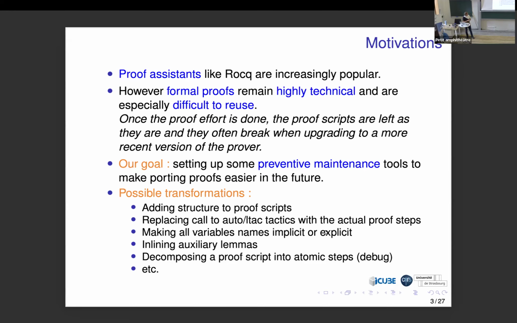Another one is replacing calls to auto or Ltac tactics with the actual proofs they produce, and remembering, okay, it's been generated by auto, so in case it doesn't work anymore at some point, I will redo auto and fix it. Again, making all variable names implicit or explicit, I'll come back to that later on. And maybe sometimes you want to inline some auxiliary lemmas.